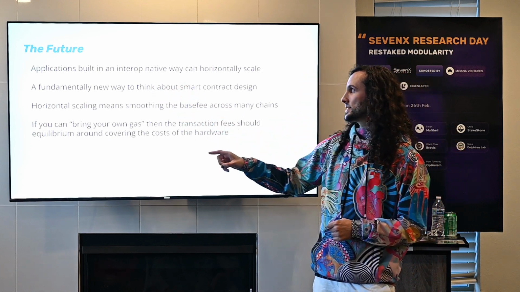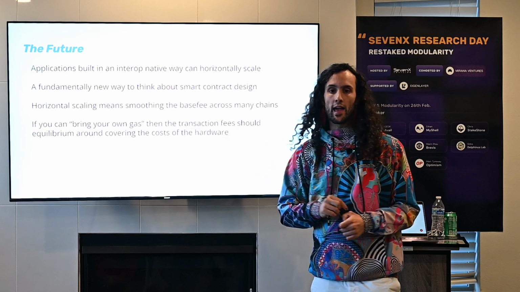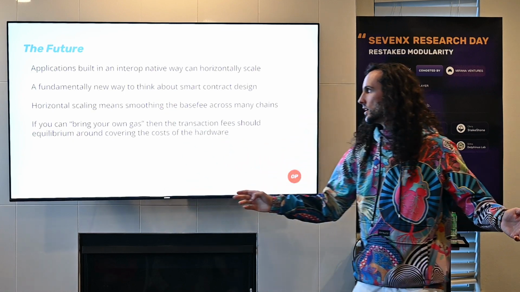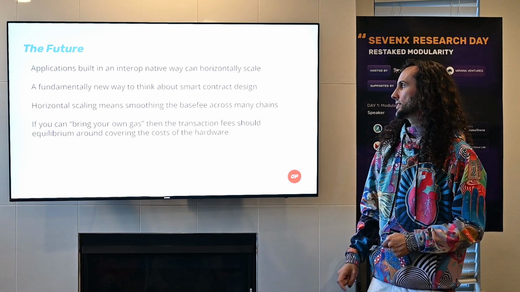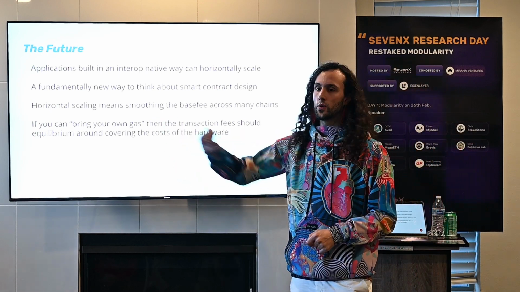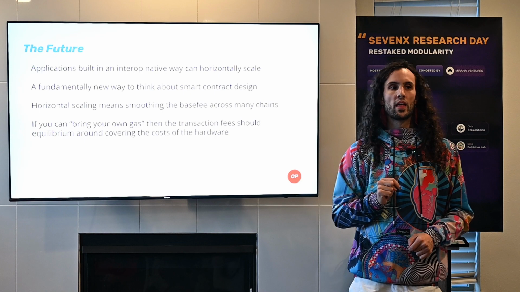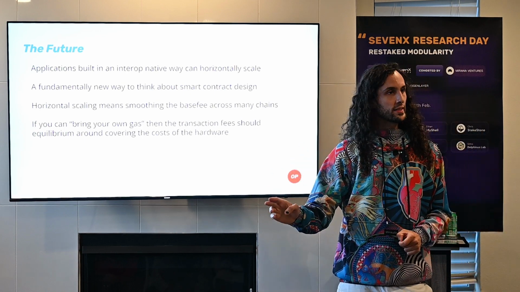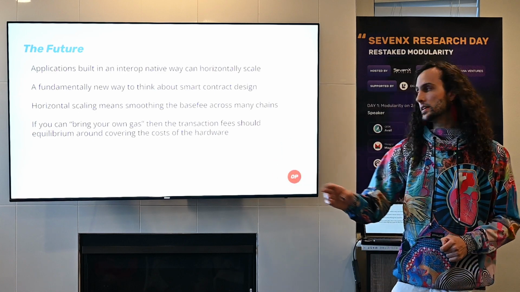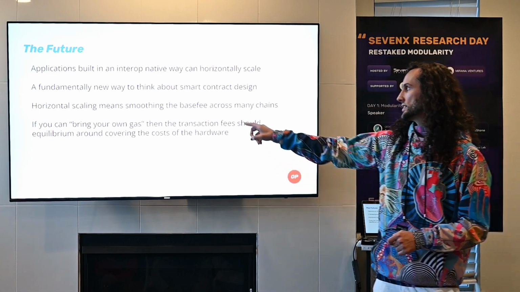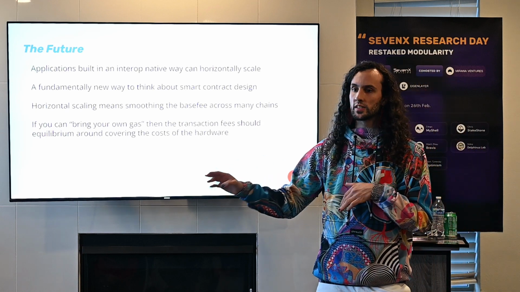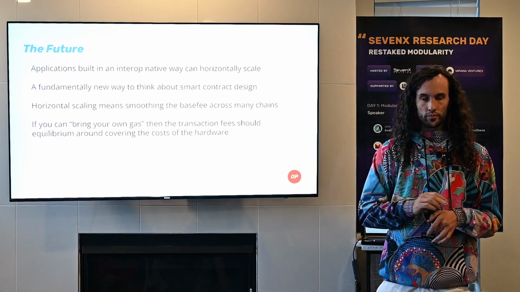And the claim is that if you can horizontally scale, you can smooth your fee market across many chains. So what this means is you can bring your own gas to the network, right? In the equilibrium state of being able to bring your own gas to the network, in theory, the transaction fees should find an equilibrium around the cost of the hardware, right?